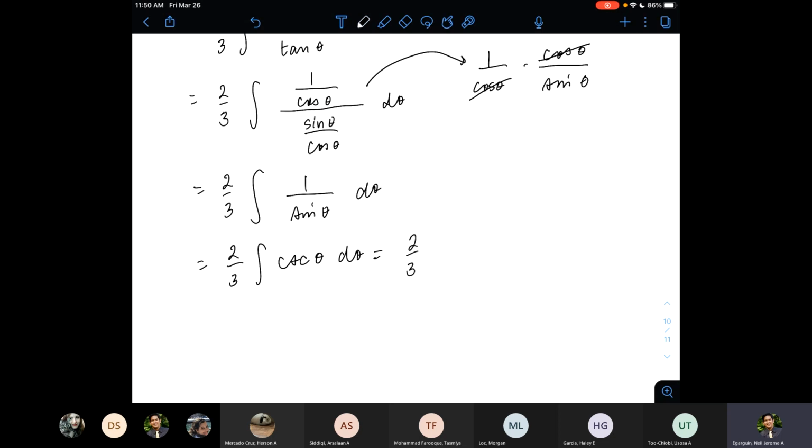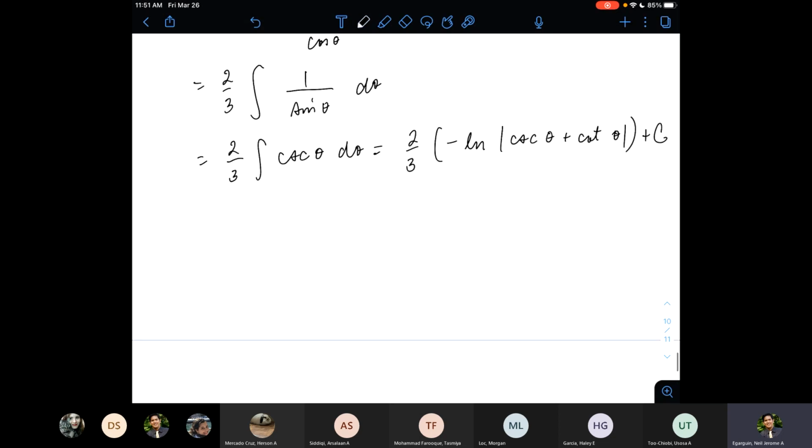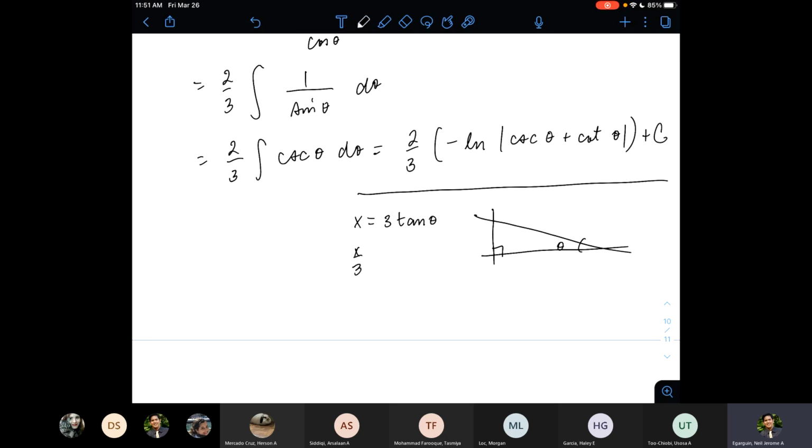And then we already saw the formula for that, right? So this is minus ln of cosecant theta plus cotangent theta plus the arbitrary constant c. And then you draw your triangle. Remember, we let x be equal to 3 tangent theta. So x over 3 is our tangent theta, which is opposite over adjacent.